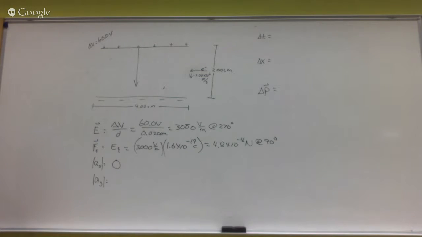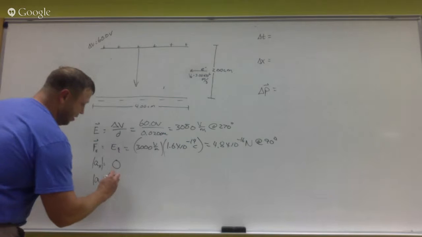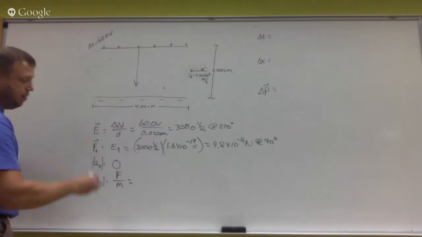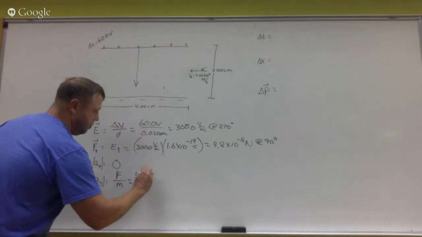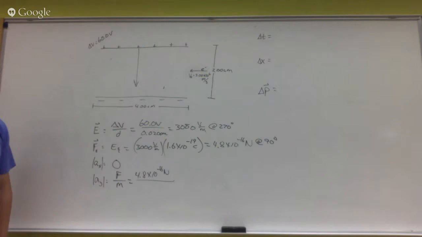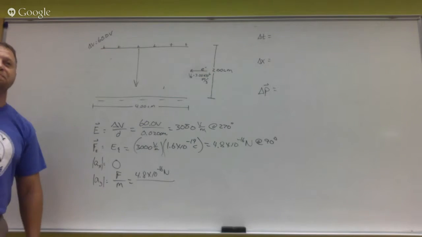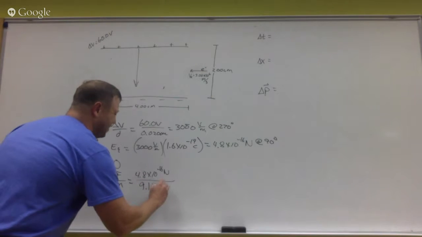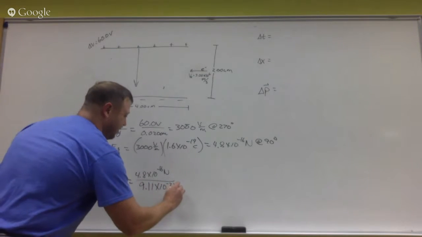Force divided by mass, right? So I have my 4.8 times 10 to the negative 16th newtons divided by the mass of the electron, 9.11 times 10 to the negative 31st kilograms.